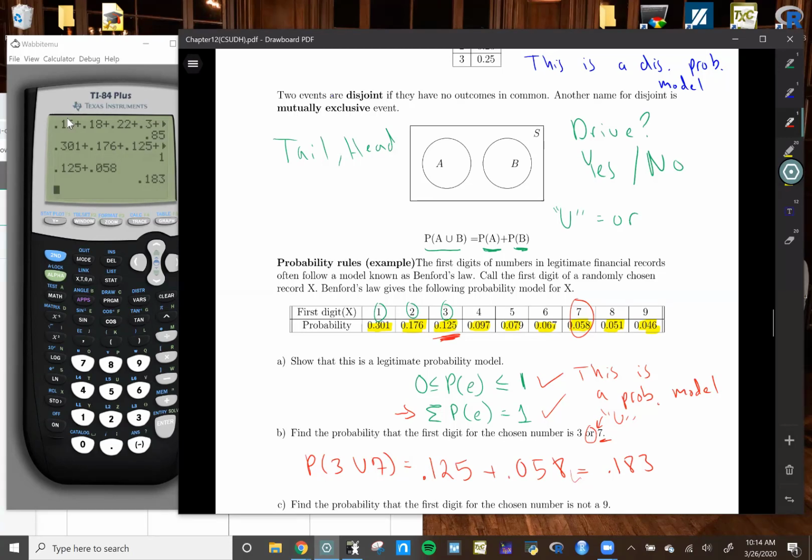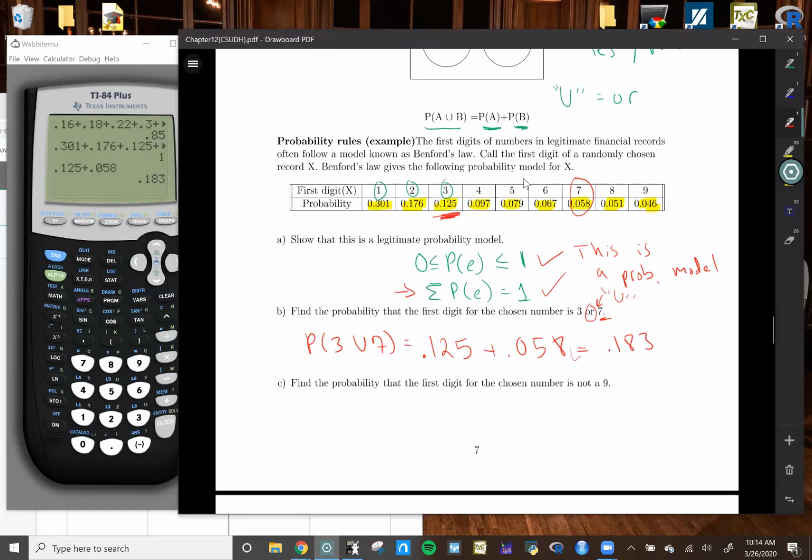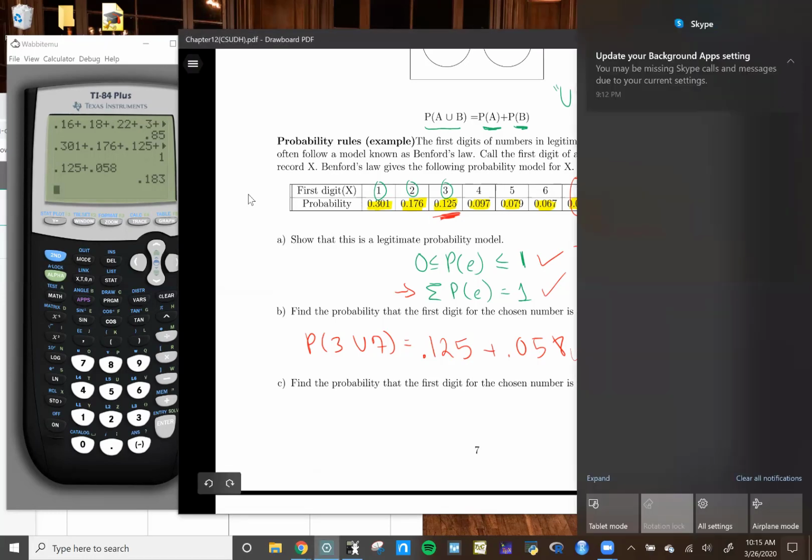All right, so let's move on up. Let's go to C. For C, it says what is the probability that the first digit for the chosen number is not 8. All right, so this one's a little bit different, because pretty much we just want it to not be 8.